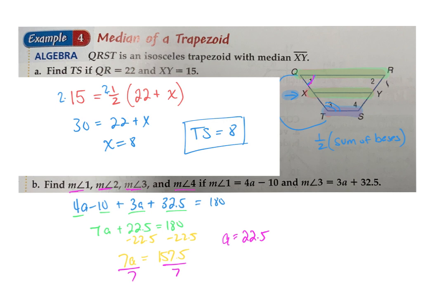They want the measures of 1, 2, 3, and 4. I know that this is an isosceles trapezoid. So 1 is congruent to 2, and 3 is congruent to 4, right? So I don't need to solve for all 4 of them. I just need to solve for 1. So plug it into 1, plug it into 3, and I've solved for all of them.